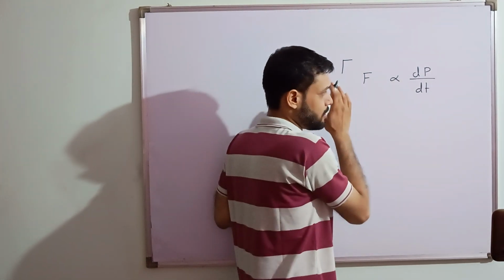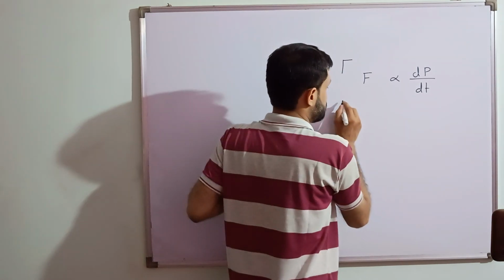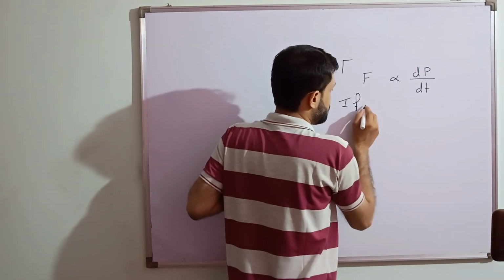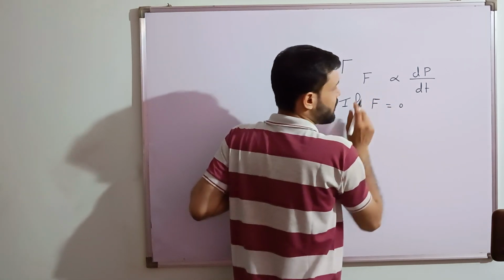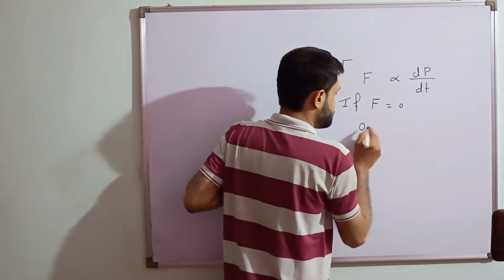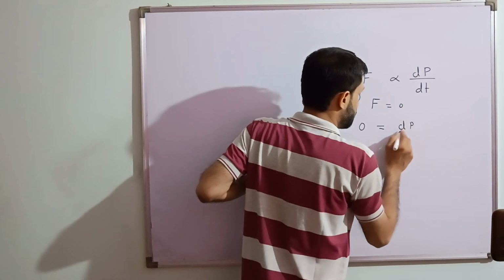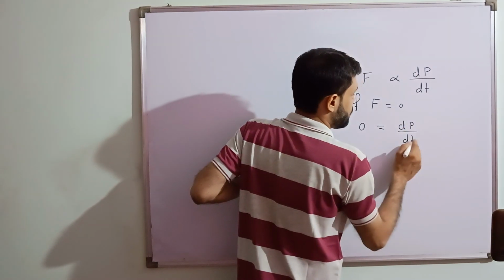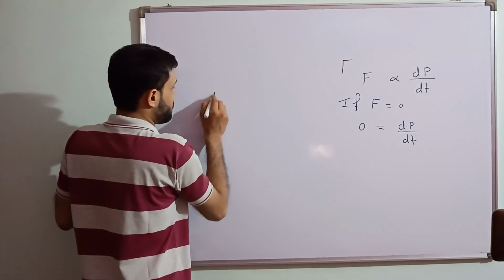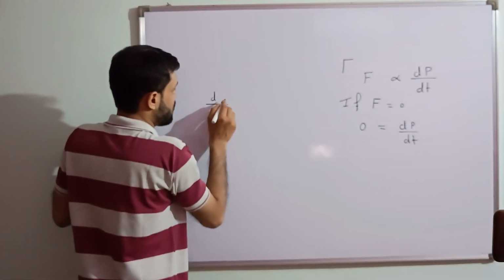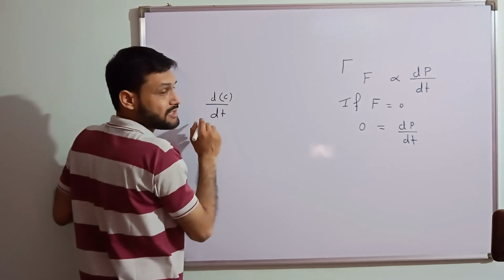Now, in this statement, if the external force becomes zero, what happens? This is zero. Now, the differentiation dP by dt is zero. That means what? We have studied that differentiation of a constant is zero, if let's say C is a constant.